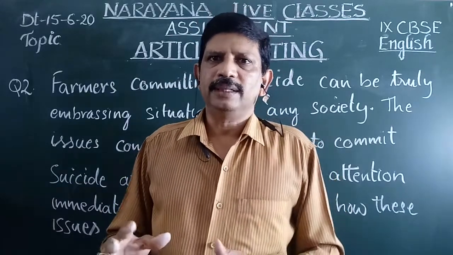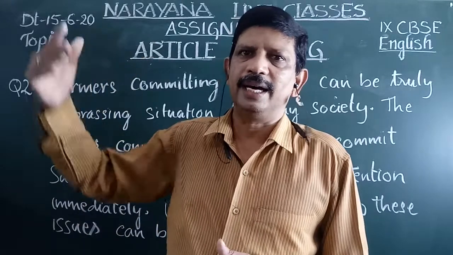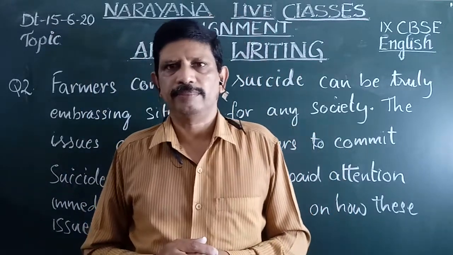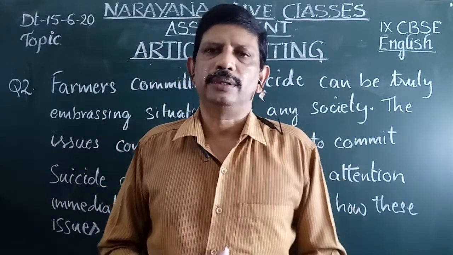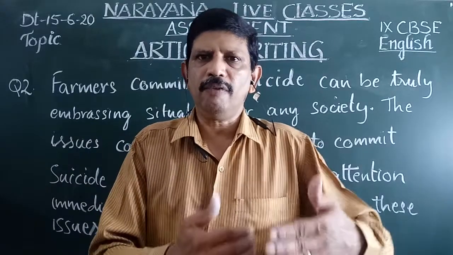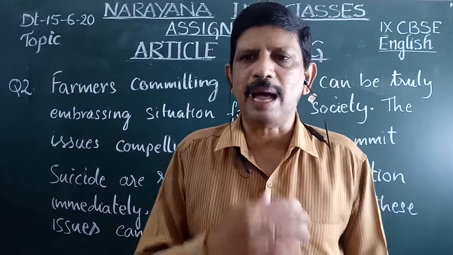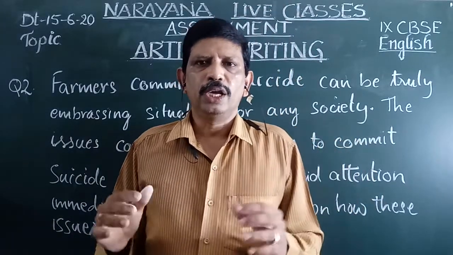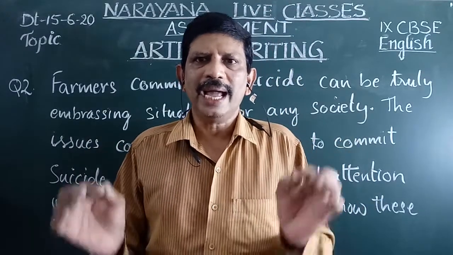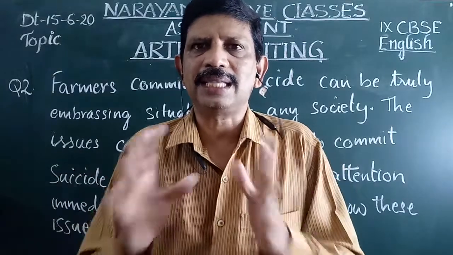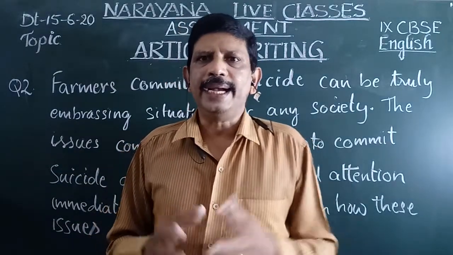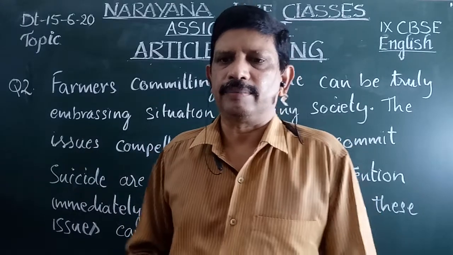You can't find that much of number in any other profession or occupation except agriculture. So why this? You have to give every fact related to that. You can give some quotes, you can give some examples. You have to give some logical and convincing examples.